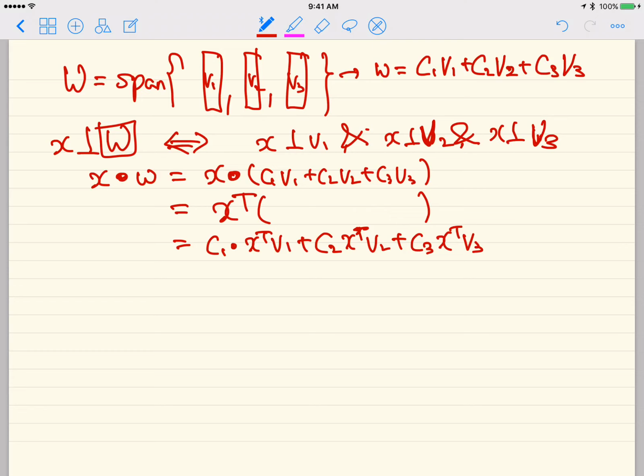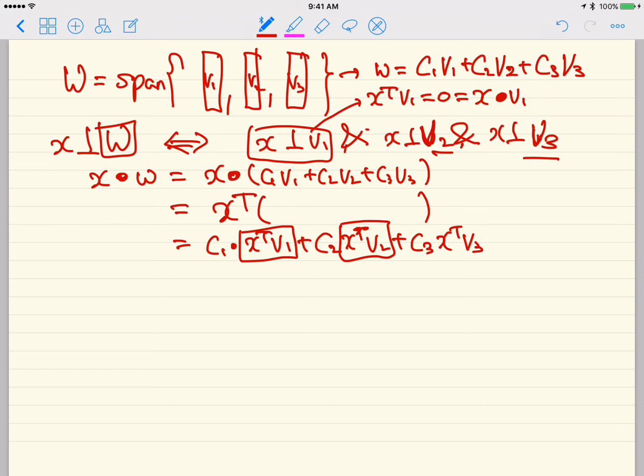If x was orthogonal to v1, v2, and v3, then it means x transpose v1 equals 0, or x inner product with v1 is 0. So each component here will become 0. If you linearly combine zeros, it will always equal 0.